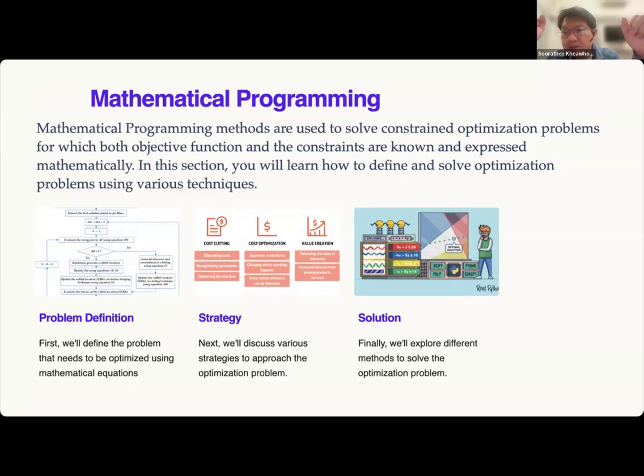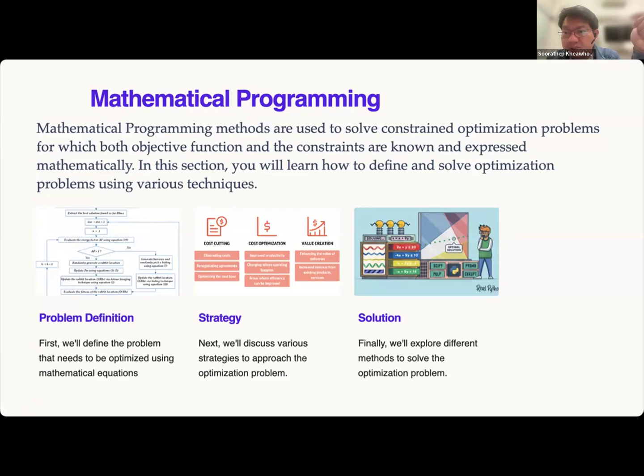Because the formulation of the optimization problem is only a part of the process. Once you interpret from real world problem into optimization problem, which is a mathematical form of the optimization problem, you have to solve the problem and obtain the solution.